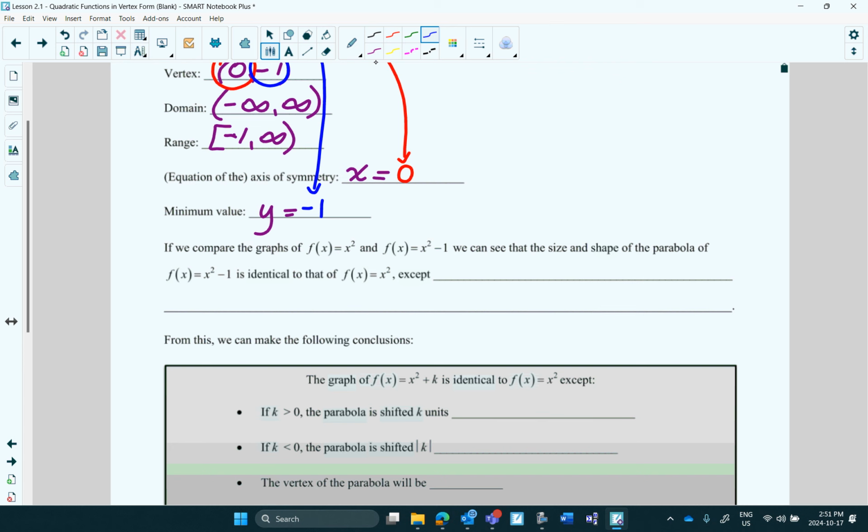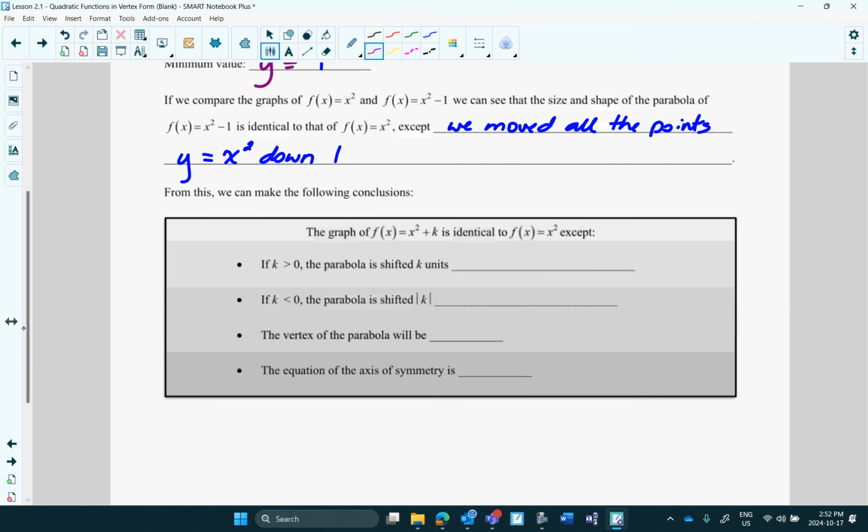It's identical, except we moved all the points in y equals x squared, or f of x equals x squared, down one.